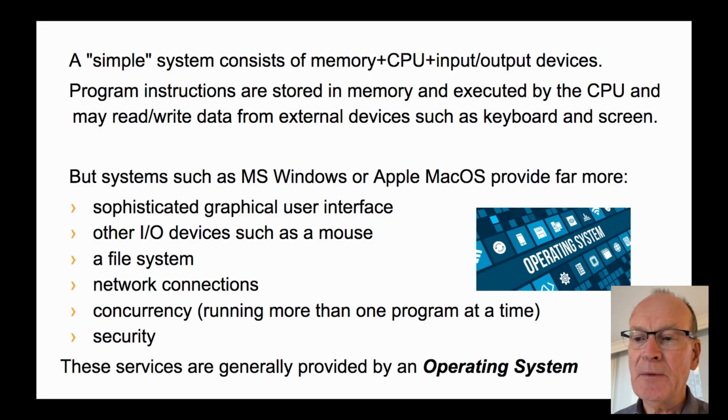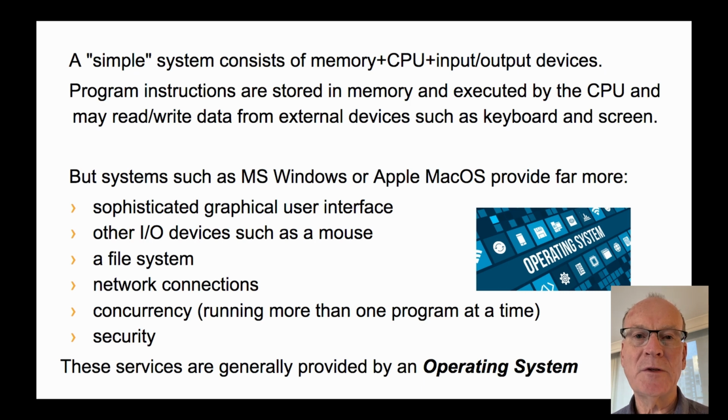Now, a simple system consists of just the memory and the CPU and input-output devices, and is what you'll meet in some other courses where you just have the bare computer, say a microcontroller, and you write programs that interact with I/O devices, but don't have attached to the machine a file system.